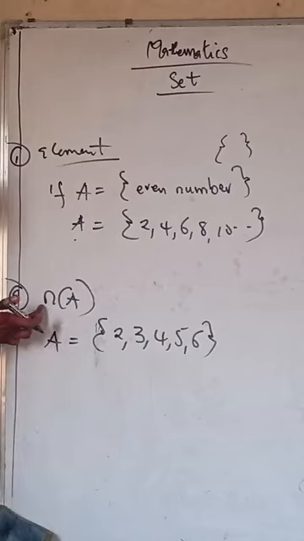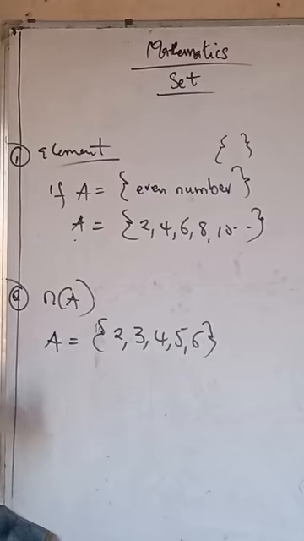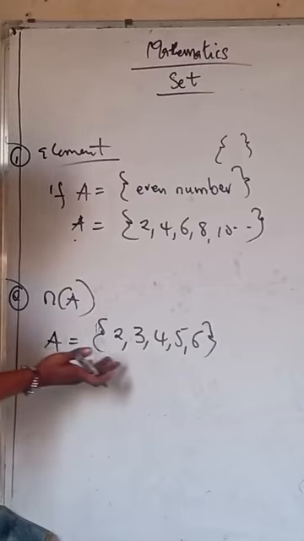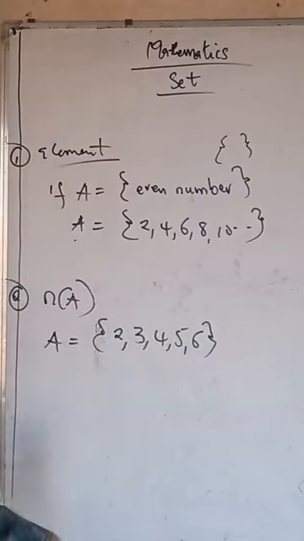Whenever you see n in the bracket, it means what is the number of elements in A. Say set A has members 1, 2, 3, 4, 5, and you're asked for n(A).